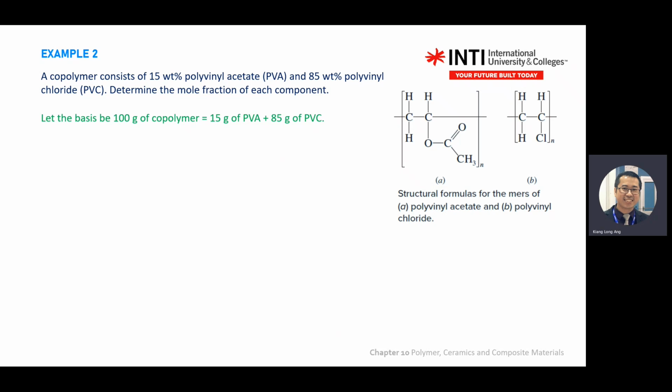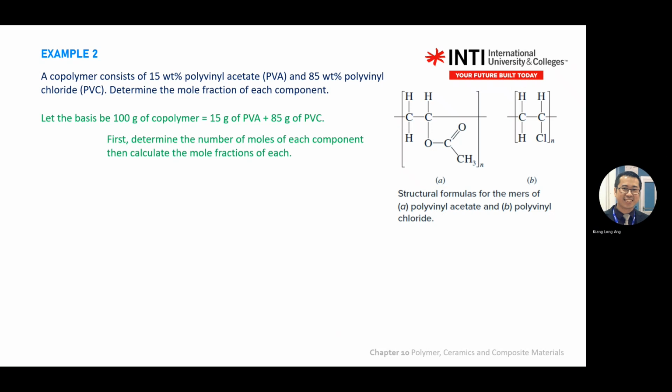Makes sense, right? Just simplify the question with 100 gram. Then we will determine the mole for each component, how many mole here, how many mole here. Then you calculate the individual fraction.